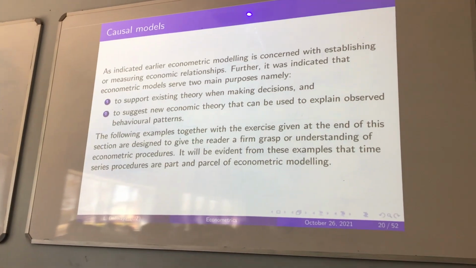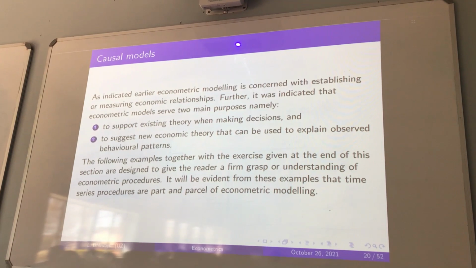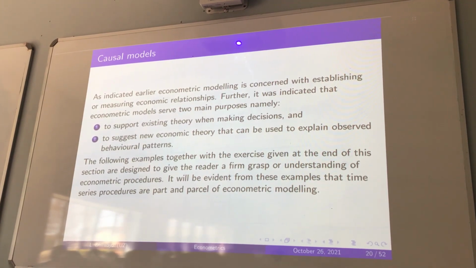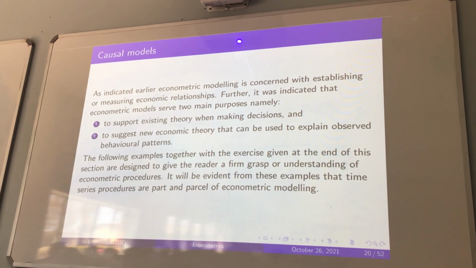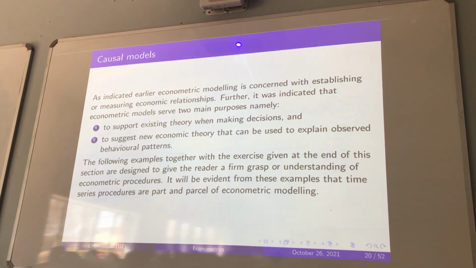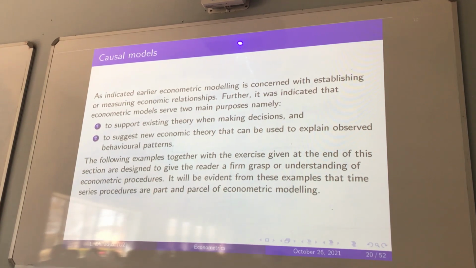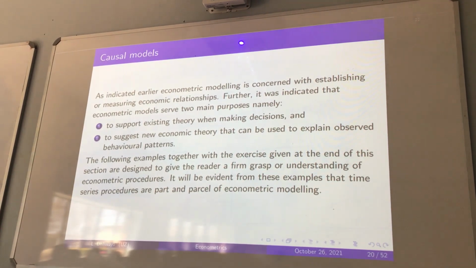We have the causal models. As indicated earlier, econometric modeling is concerned with establishing or measuring economic relationships. Further, it was indicated that economic models serve 2 main purposes, namely, to support existing theory when making decisions. To support what? Existing theory when making decisions.